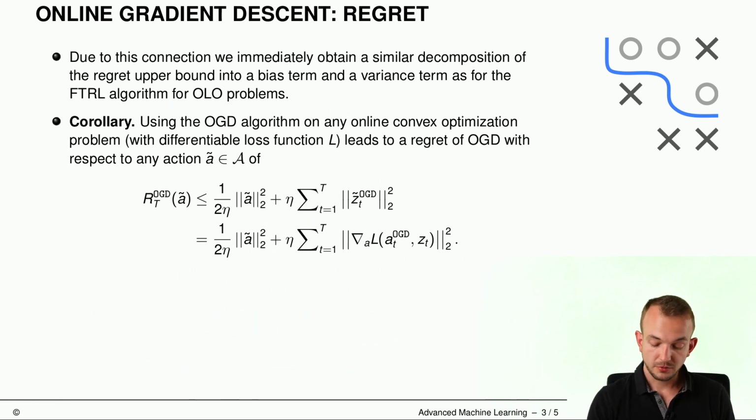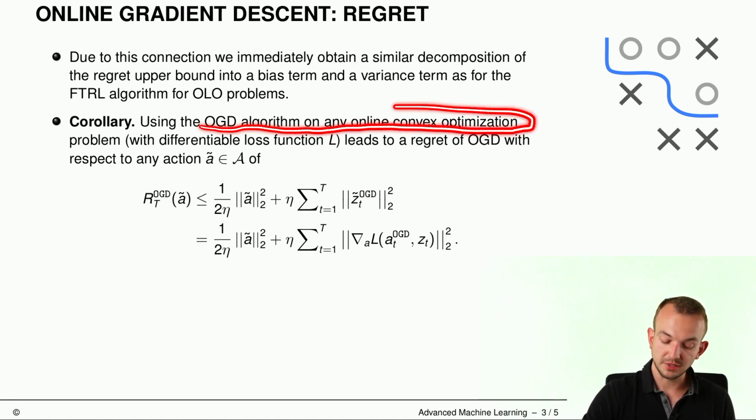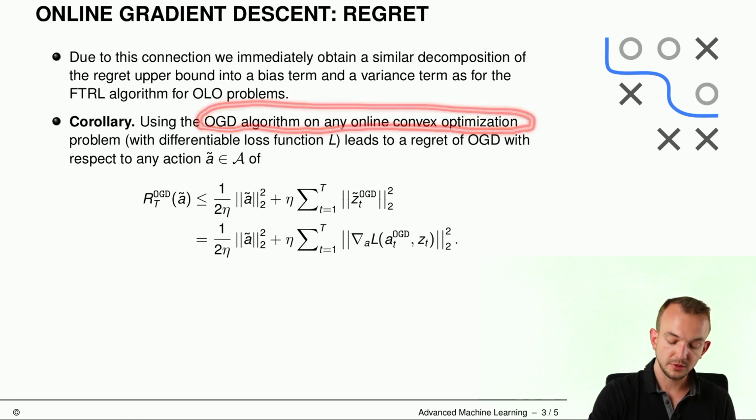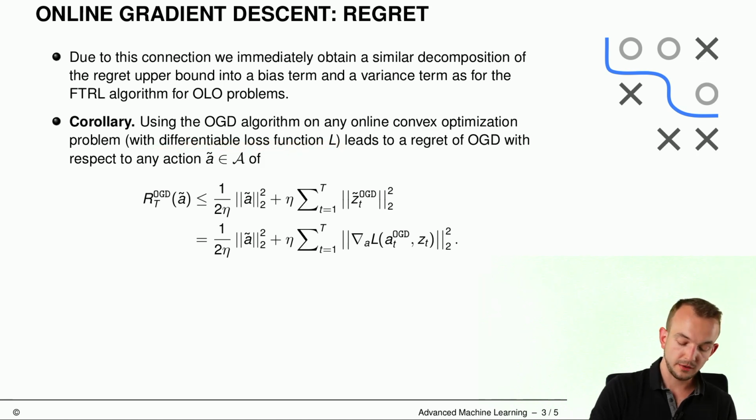So what we get as a corollary right away is that the online gradient descent algorithm for an online convex optimization problem, very important, where we have to assume that the loss function is differentiable to use these first order characterization of convex loss functions.